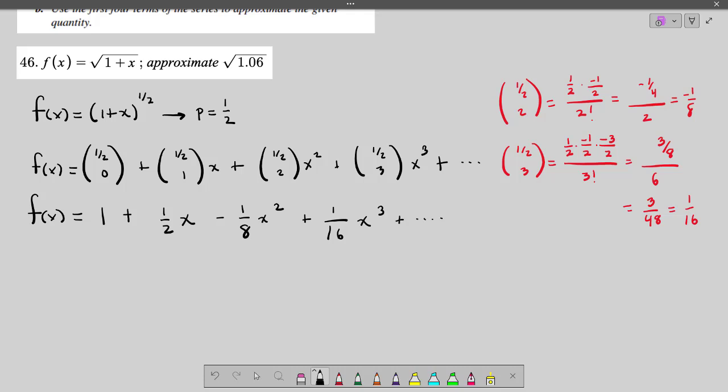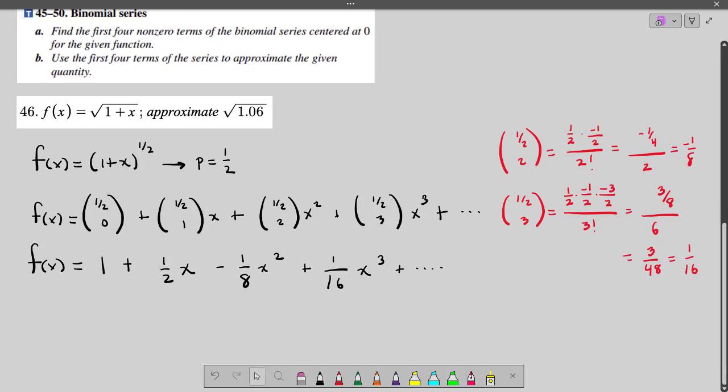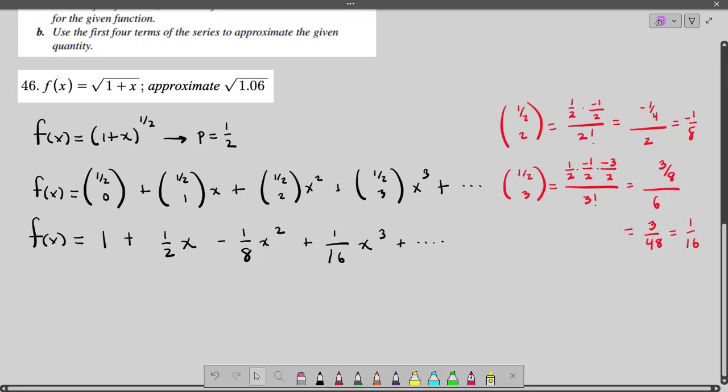So there is our binomial series expansion for the root of 1 plus x. Okay, so there's the series expansion. So here's the binomial series. It says use the first 4 terms to approximate.